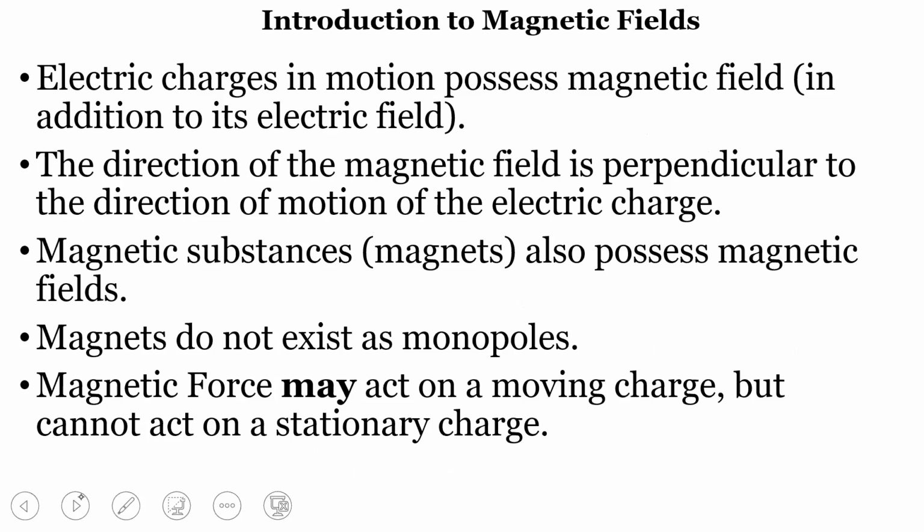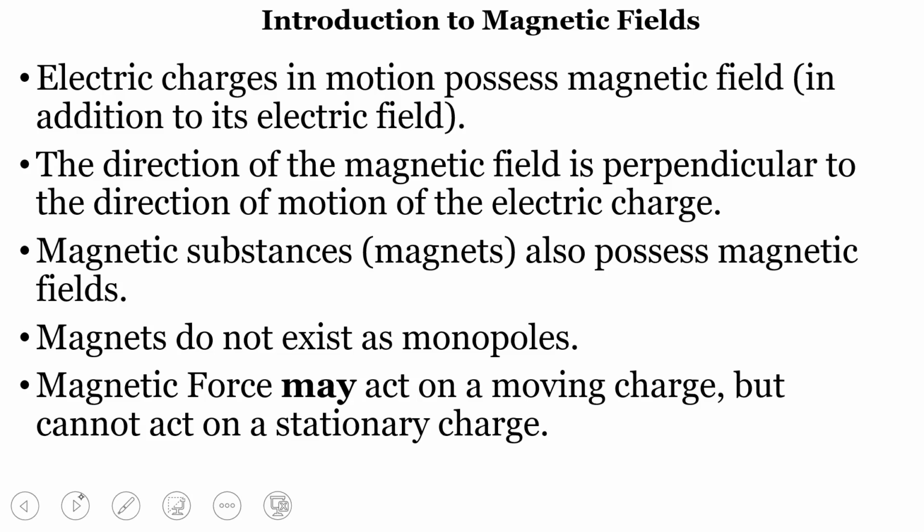So electric charges in motion also possess electric field, and they also possess magnetic field. When electric charges are in motion, they possess magnetic field in addition to the electric field. And the direction of the magnetic field is perpendicular to the direction of motion of the electric charge.